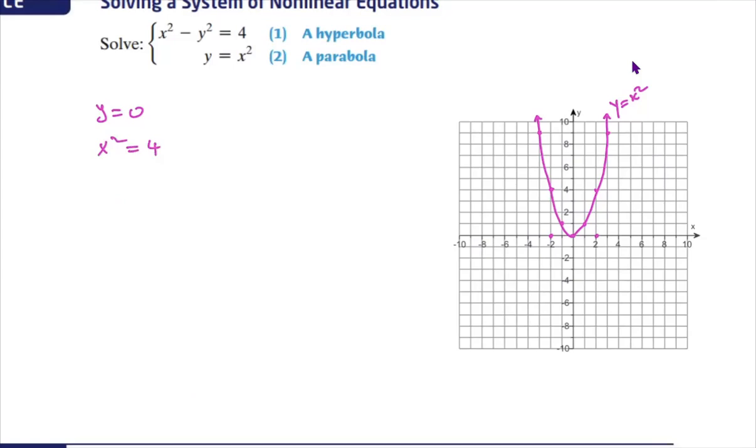So I will have x equals plus minus 2. So these are the values that I just plotted: y equals 0, x equals those values.